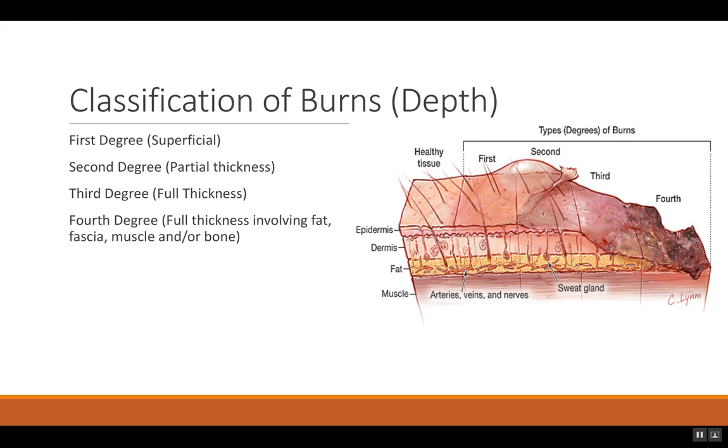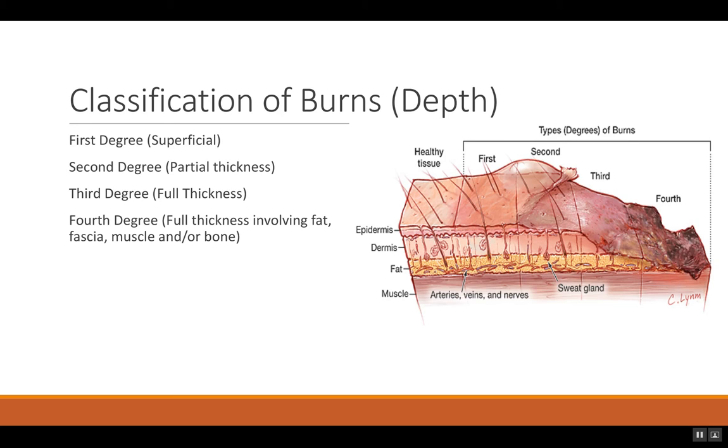The recovery is a little bit longer with this. This patient is going to be sensitive when the air hits it. They are going to have 2 to 3 weeks for recovery, and there may be scarring and pigmentation issues afterwards. Sometimes they'll require grafting, not common, but could.